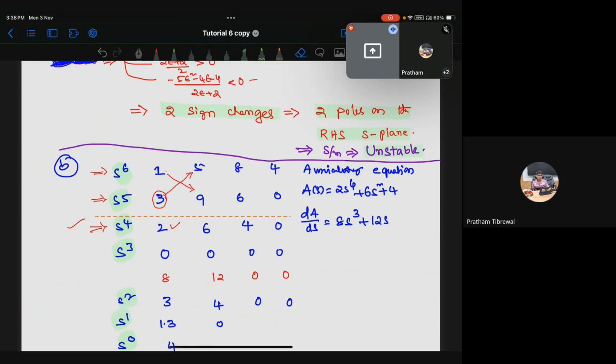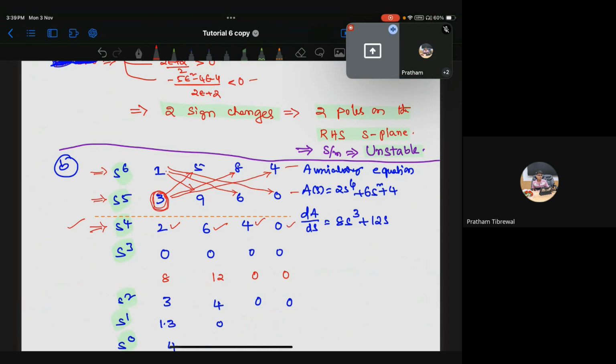Next, 3 multiplied by 8 minus 1 multiplied by 6: 24 minus 6, that is 18, by 3, that is 6. Next, 3 multiplied by 4 minus 1 multiplied by 0, by 3, that is 4. The last term, since there are no terms, is 0.